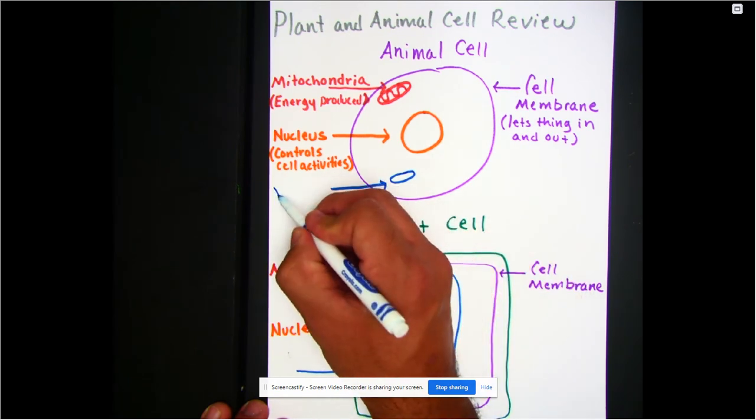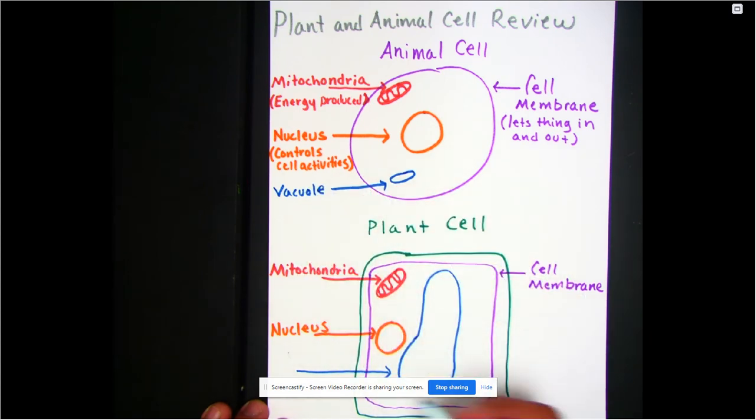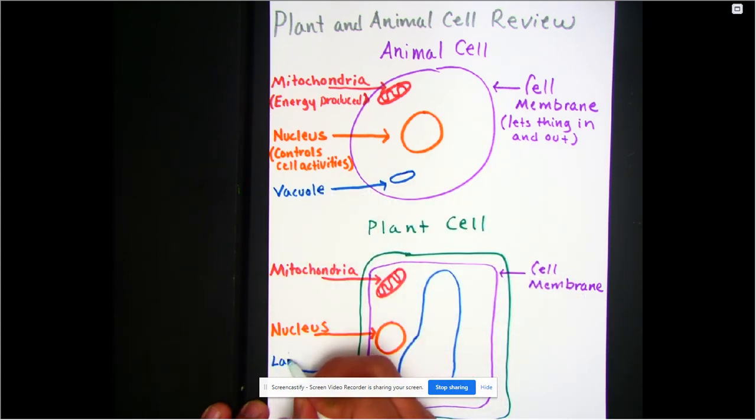And this is your vacuole. In the plant cell, it's a large, large vacuole.